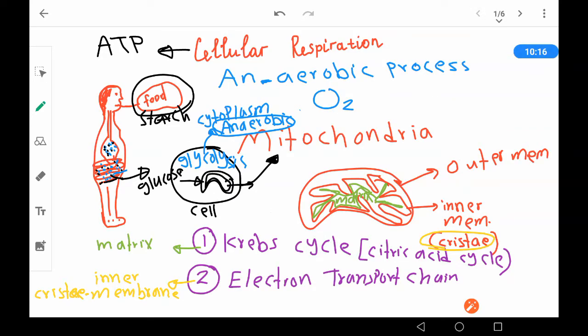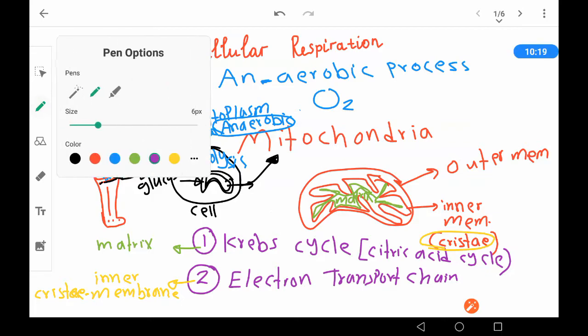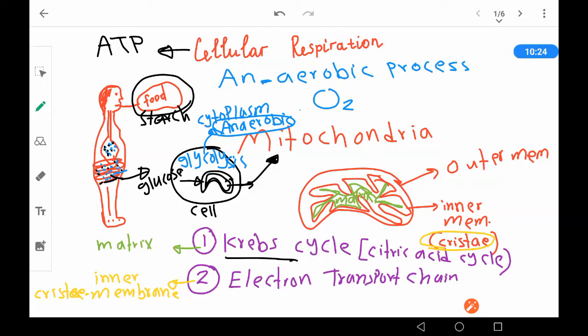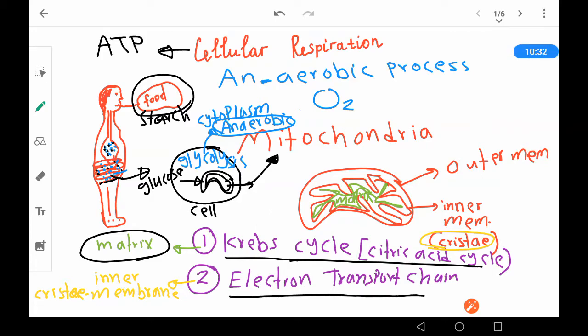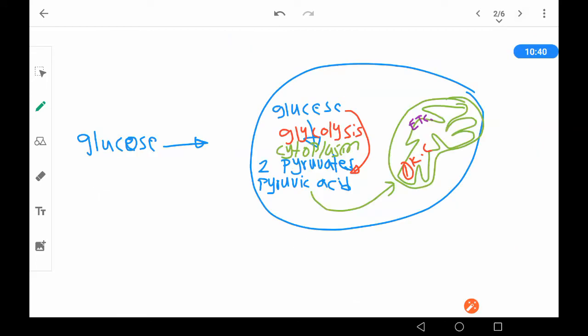As I mentioned here, the Krebs cycle or citric acid cycle takes place inside the matrix, and the electron transport chain takes place inside the inner membrane or cristae. So finally, guys, as a result of cellular respiration, the aim is producing energy in the form of ATP molecule.